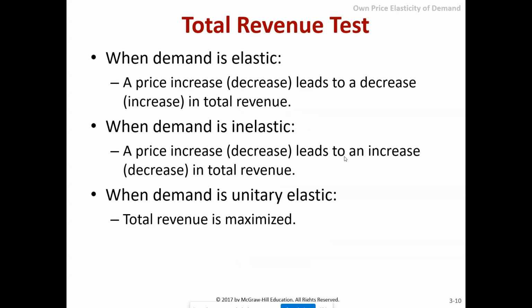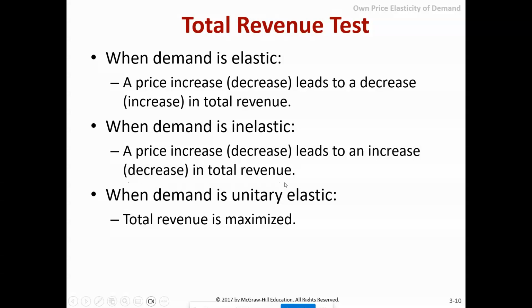And this is a text summary of what we described in a graphical expression. Where demand is elastic, price and total revenue move in opposite directions. One increases, one decreases; one decreases, one increases. Whenever demand is inelastic, they move in the same direction.